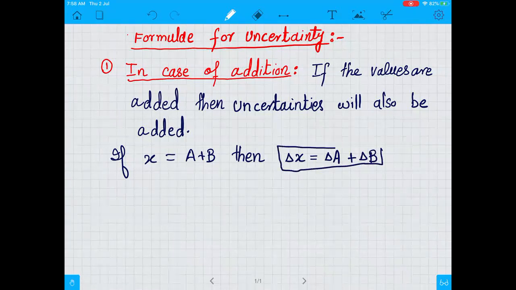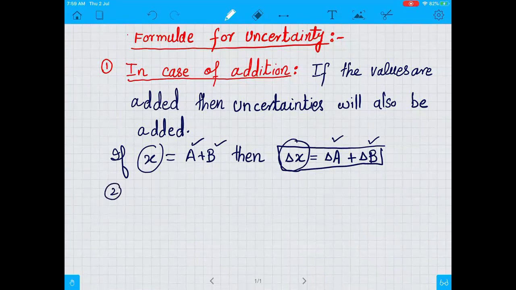So whenever two values are added to find a third value, then the uncertainties of those two values are added to find the uncertainty of the answer. So this is the case of addition.